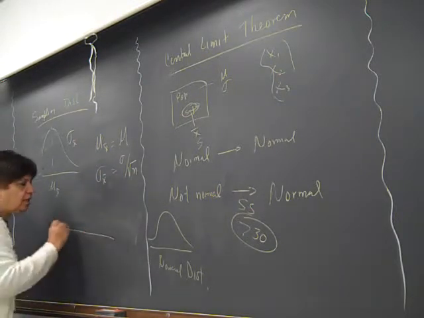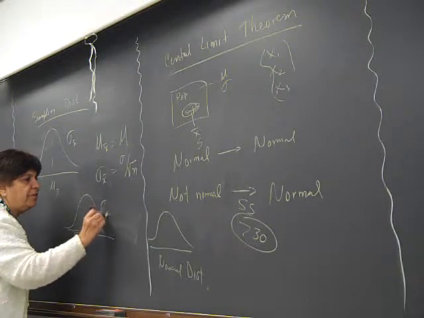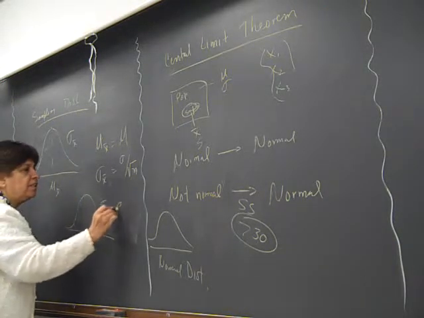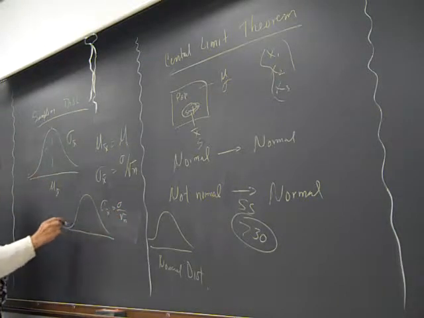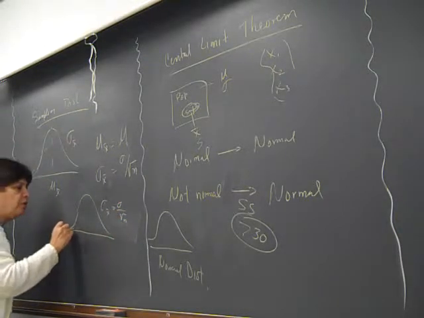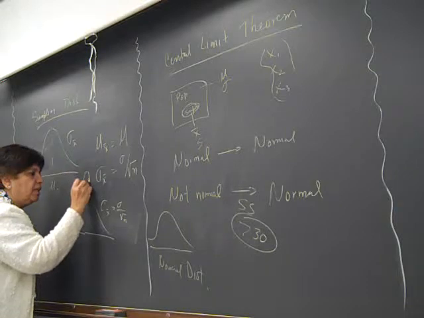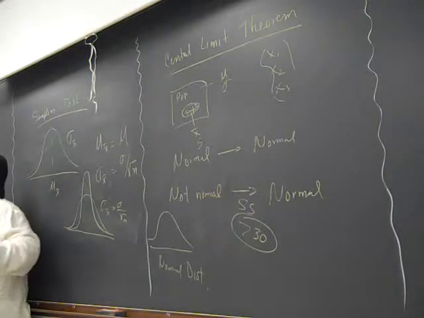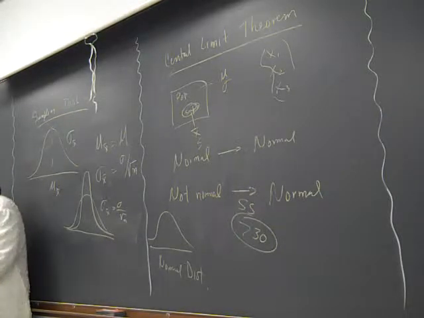This is sigma of x bar, right? But if I increase the sample size, the distribution becomes thinner and taller, because the standard error goes shorter.